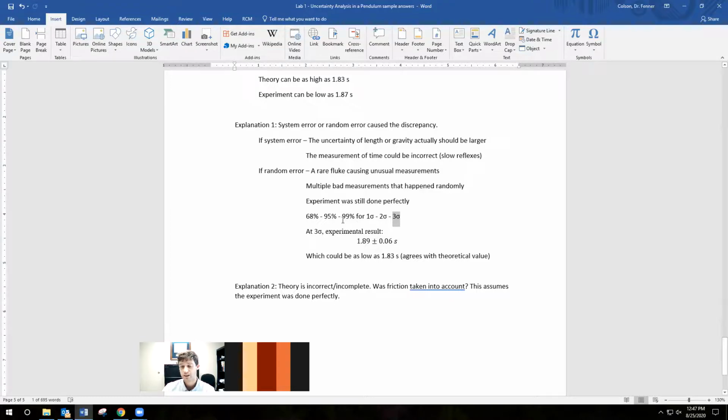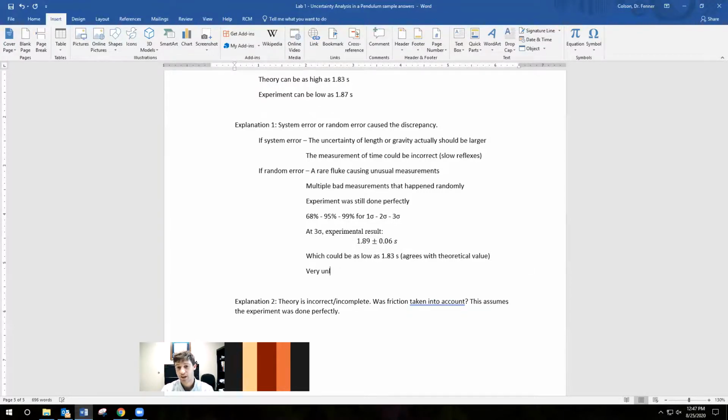So it would be very unlikely for it to be random error, because it would take measurements that were different from the mean by a factor of 3 sigma, 3 times the standard deviation, which is the furthest away, so it's the least likely to happen.